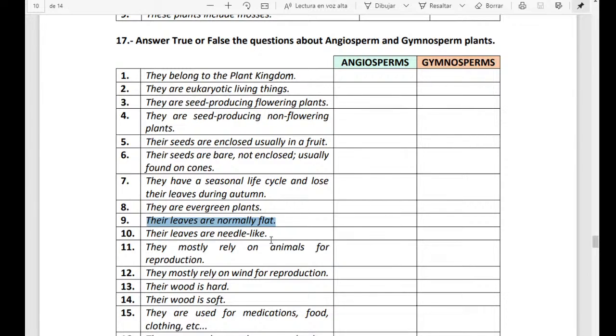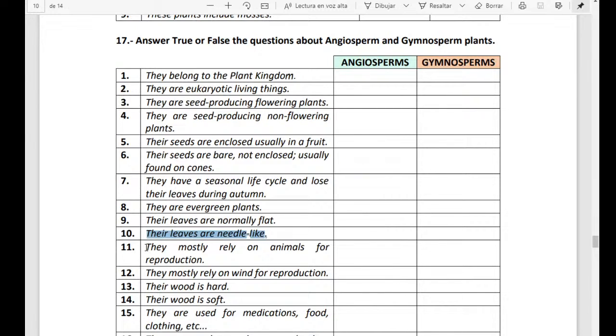This is a very important exercise. Number 10. Their leaves are needle-like. Needle means aguja in Spanish. What do you think? Angiosperms or gymnosperms? You have to compare an orange tree or an apple tree with a cone. Needle-like, gymnosperms.